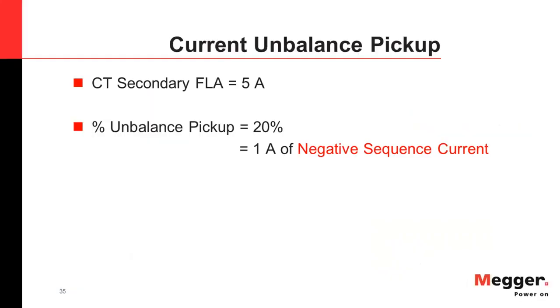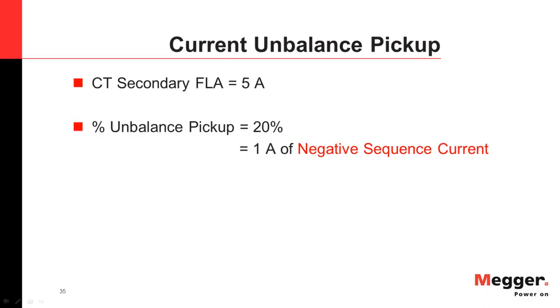Let's take current unbalance pickup in a motor or in a generator again as an example. According to the relay settings, the CT secondary full load amps, I'm assuming to be 5 amps at the moment, just as an example. And I'm saying that my percentage unbalance is set to 20%.